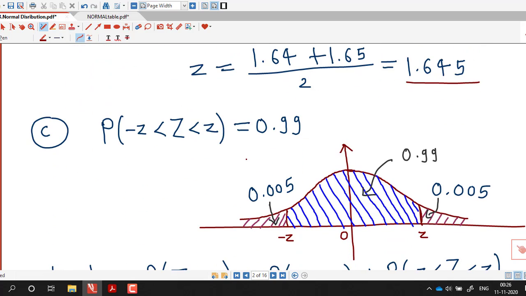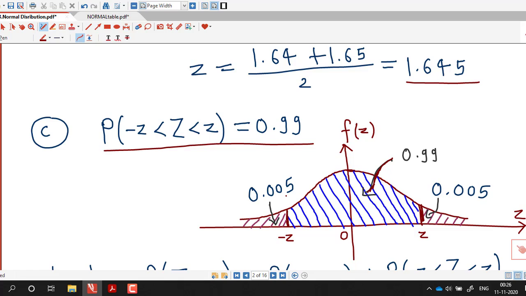Next one, we have to find out the value of z for which the probability that capital Z lies in between minus z and z is 0.99. So we are given this probability. You can see this standard normal probability curve. It is given that the area between minus z and z is 0.99.